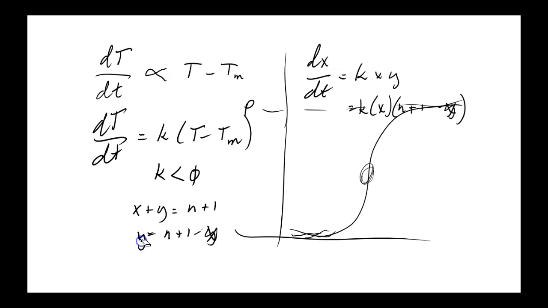Okay, that's what I meant to say. So instead of y, we put in n plus 1 minus x. Let me get my curve out of there. That was my population up there. That was going right through the problem. Yeah, so it comes out the same.